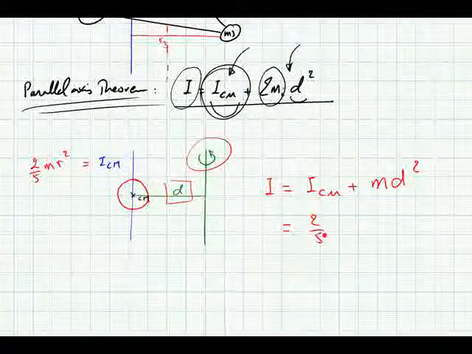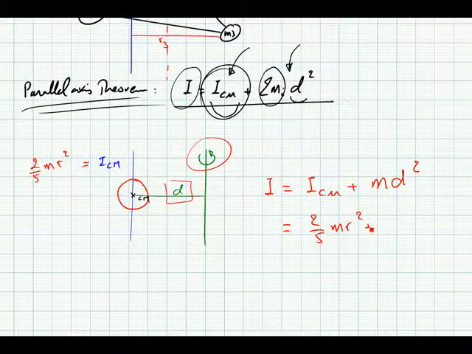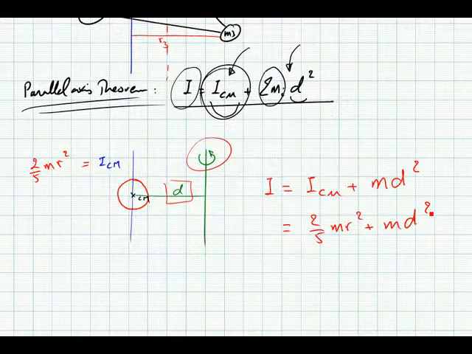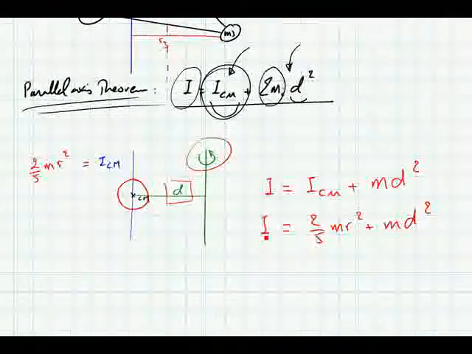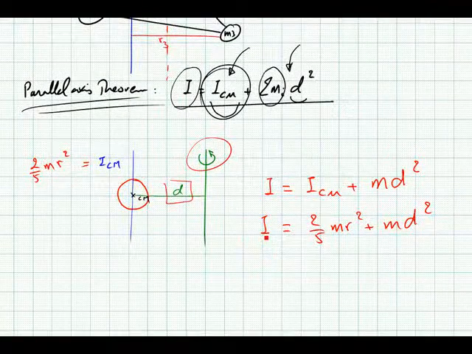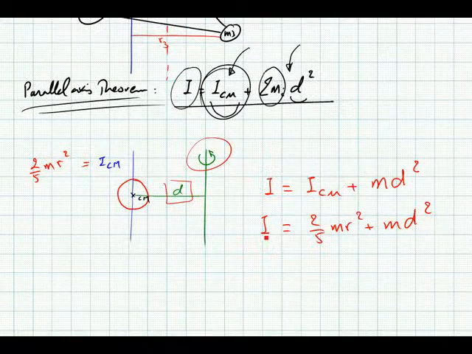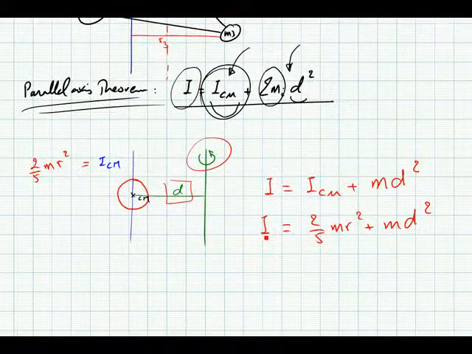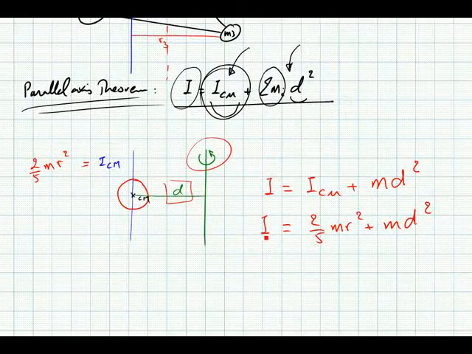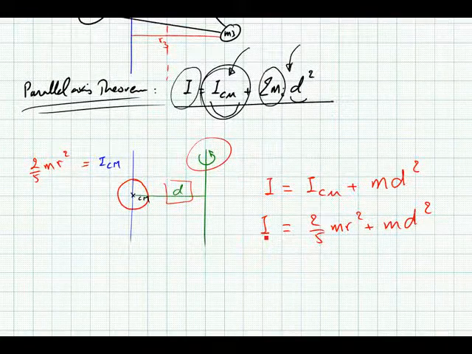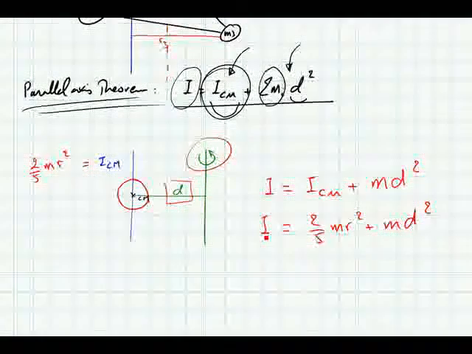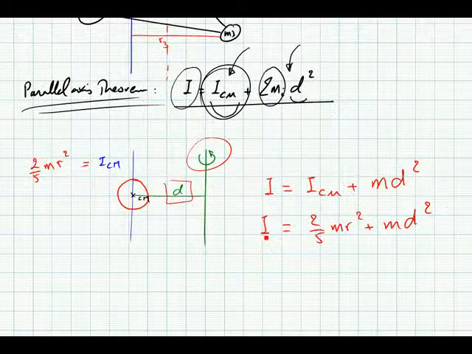So it's 2/5 of mr squared plus md squared. That's the moment of inertia for the sphere rotating about the green rotation axis, which is a perpendicular distance d away from the sphere's center of mass.